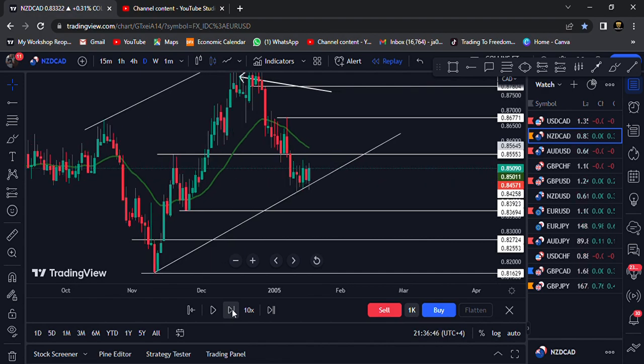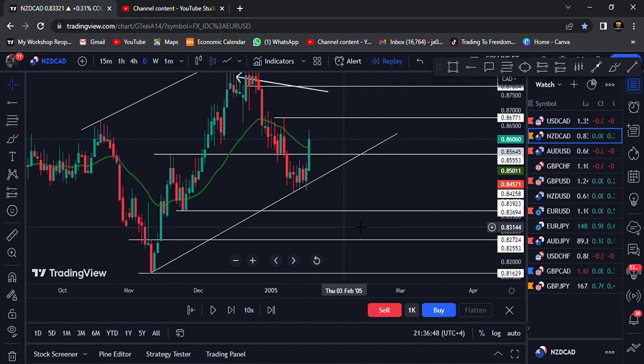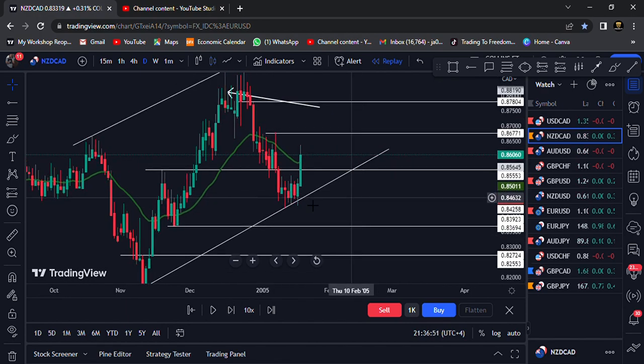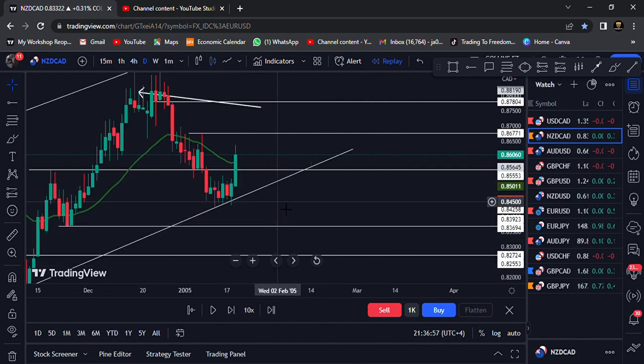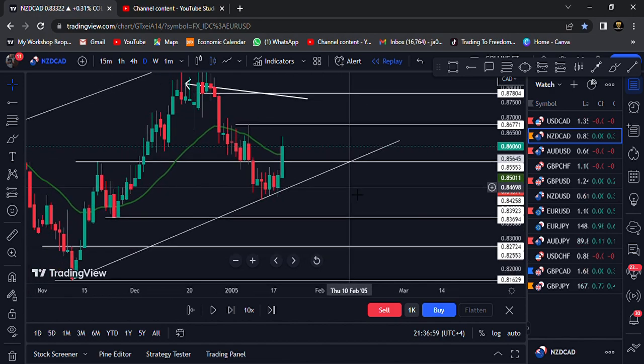Another buy signal. As I said, actually this one did execute and was a powerful one. So okay, what we do now, it's a bullish momentum.